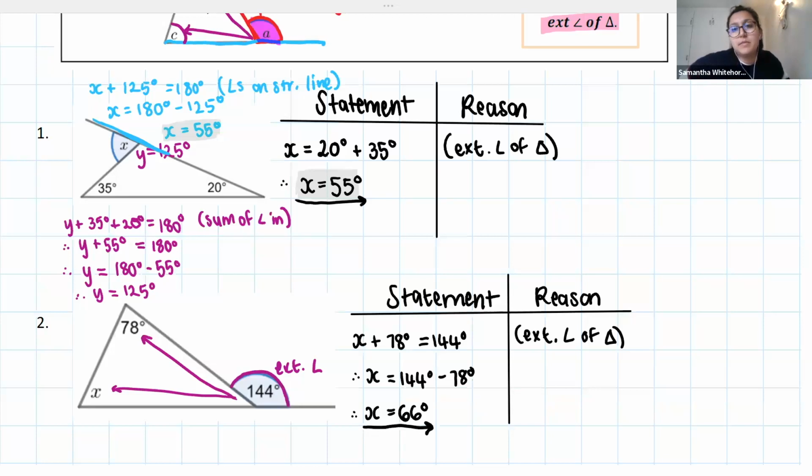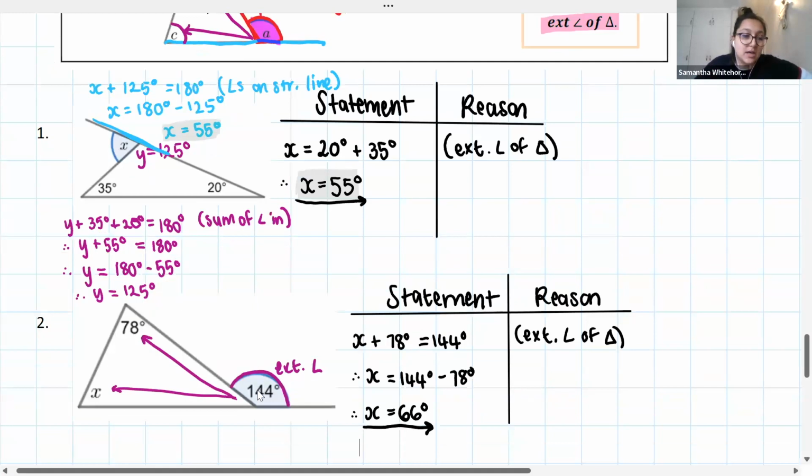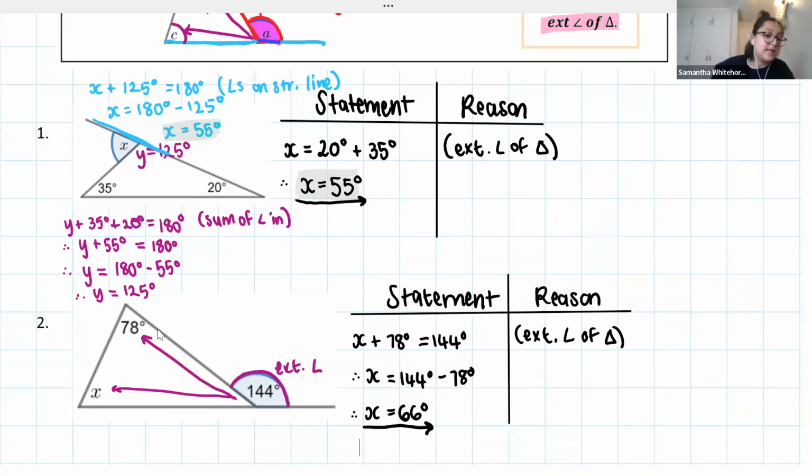Okay, so remember, we're not using the sum of angles in a triangle here, so it's not equal to 180 degrees. We are using the fact that the angle outside our triangle is equal to the two opposite angles. If I was using angles in a triangle, then I would have to say it's equal to 180. But this isn't angles in a triangle. Does that make sense? Yes, ma'am.